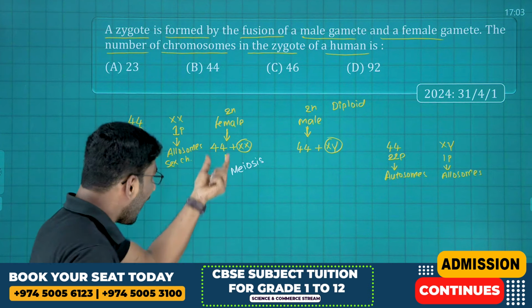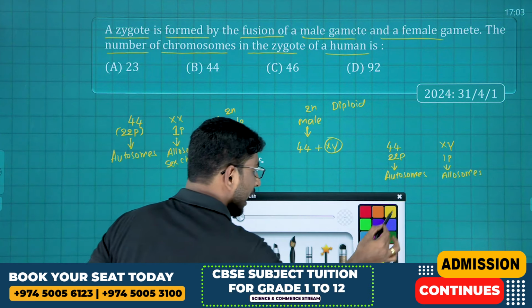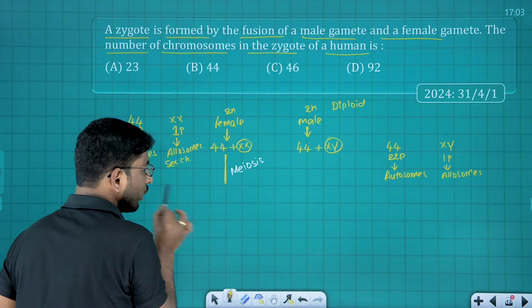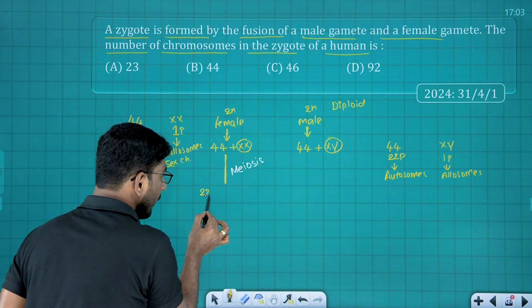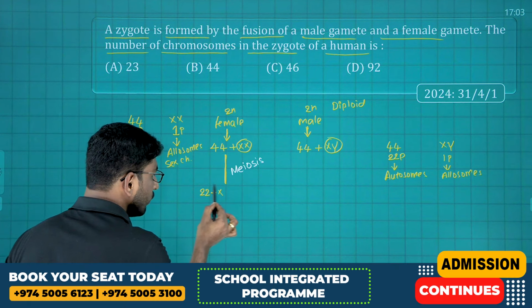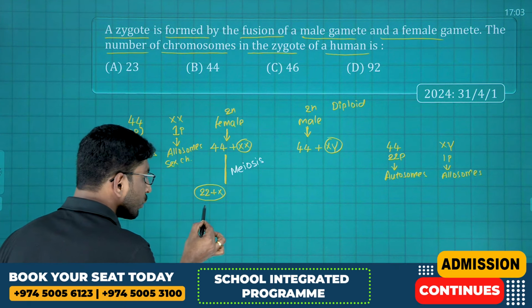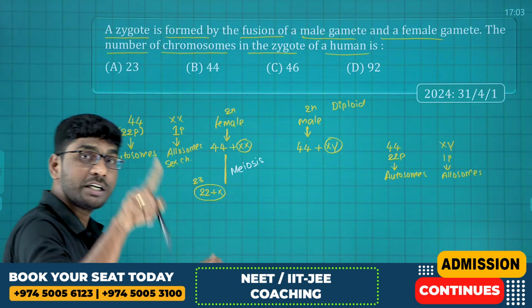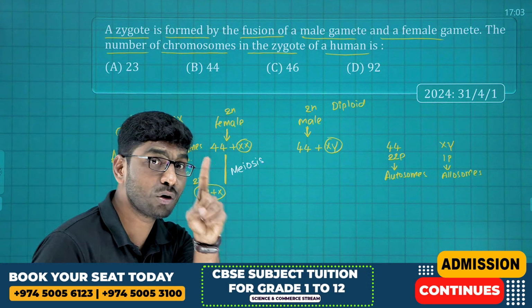So after meiosis division, half of 44 is 22, plus one of the two X chromosomes. So how many total chromosomes are there? 23 chromosomes. 22 autosomes and 1 sex chromosome.